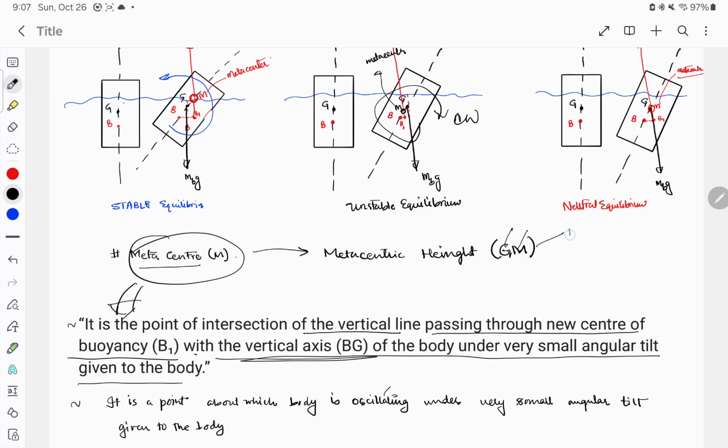It can be positive, negative, or 0. It is positive when M is above G, negative when M is below G, and 0 when M is on G.